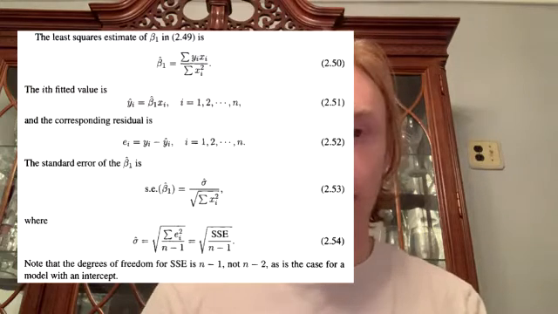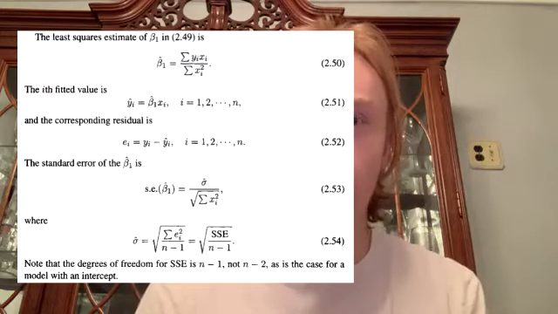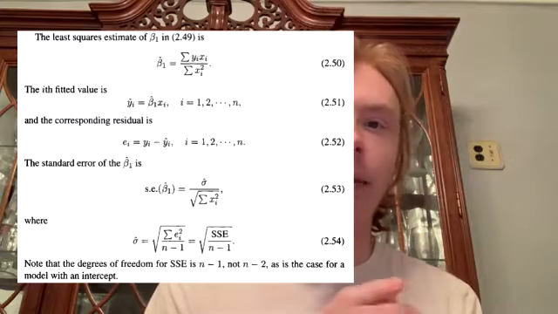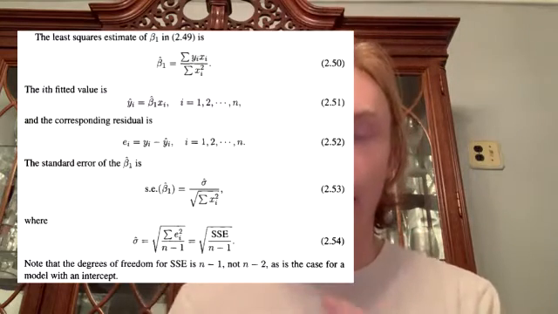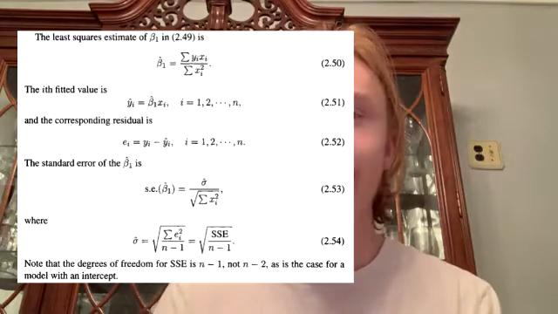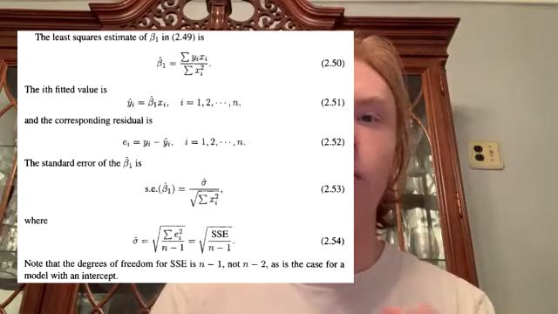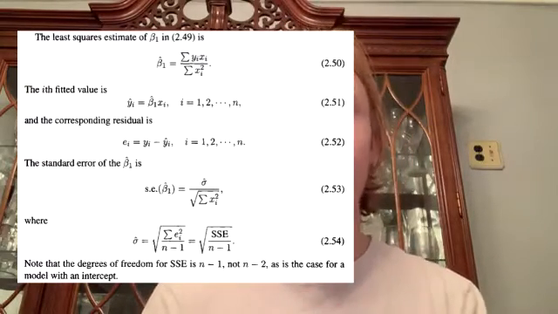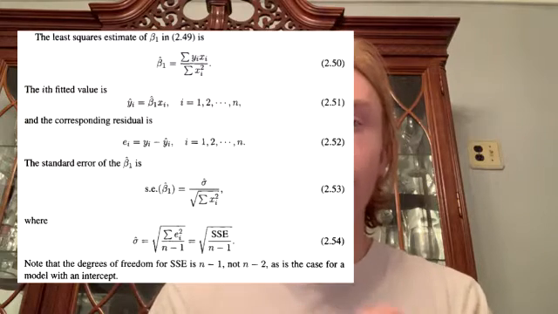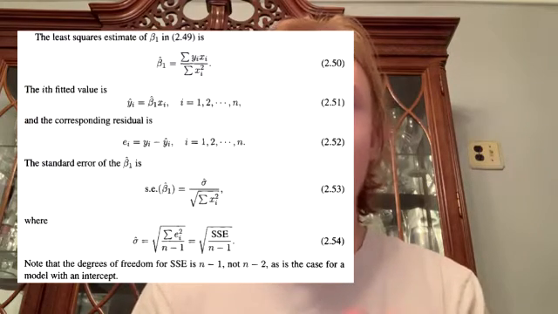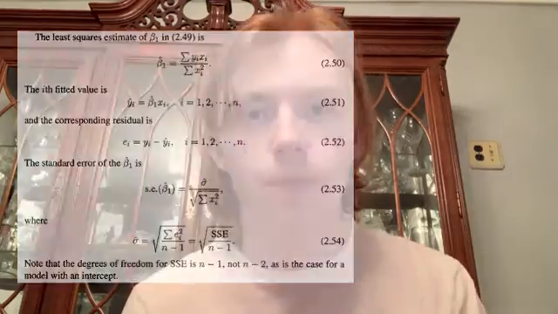Also expressed here is the corresponding residual, with equation e sub i equals y sub i minus y hat sub i, and the standard error of beta hat sub 1 being represented by sigma hat over the square root of summation x sub i exponent 2.